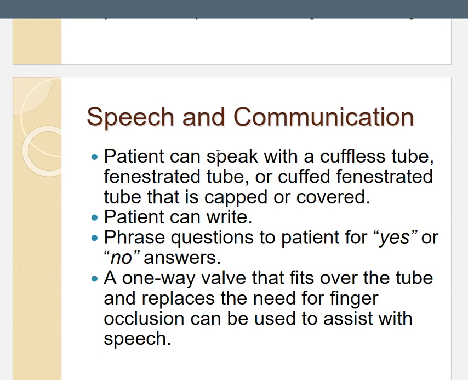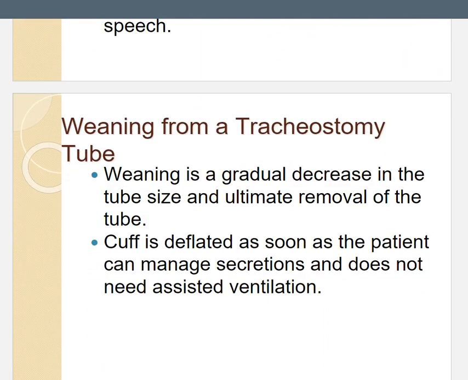Don't ask them something that requires a three-sentence litany because they can't talk. A one-way valve that fits over the tube and replaces the need for finger occlusion can be used to assist with speech. So that's another way. There are probably a lot of new techniques with our patients with trachs in which they can communicate and talk better, so we'll look that up.